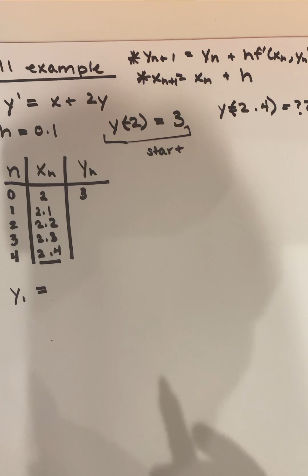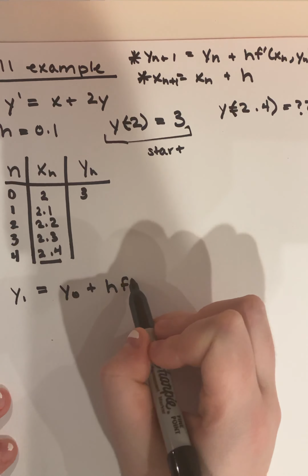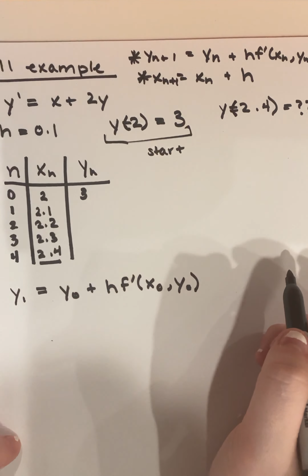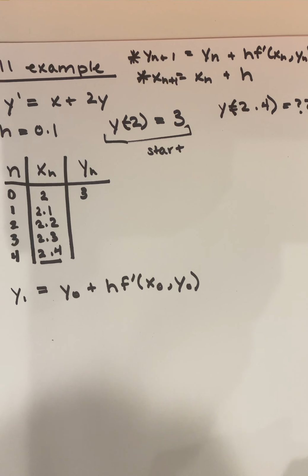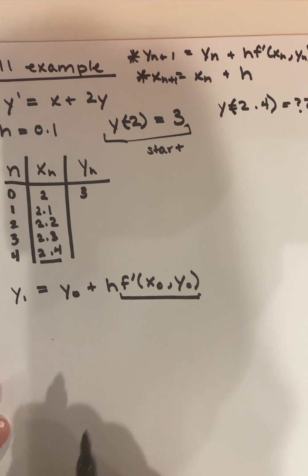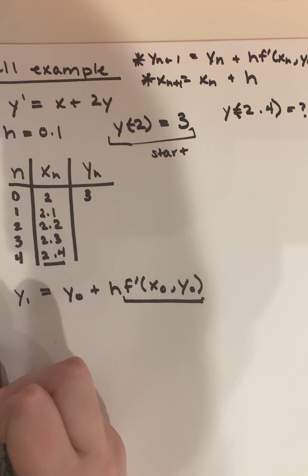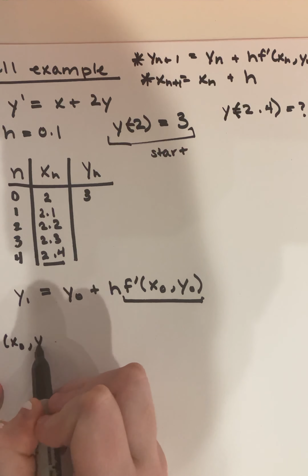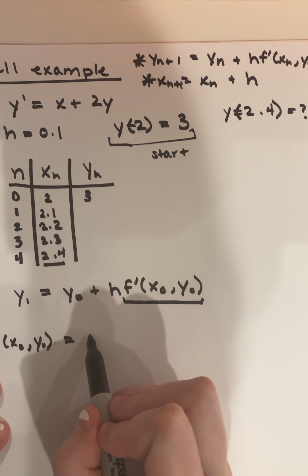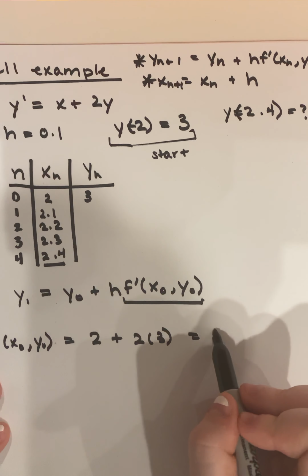So y sub 1 equals y sub 0 plus h f prime of x sub 0 comma y sub 0. And so in order to find this, we are going to have to find the derivative with these two values placed in. So f prime of x sub 0 comma y sub 0 is going to equal 2 plus 2 times 3, which is going to equal 8.